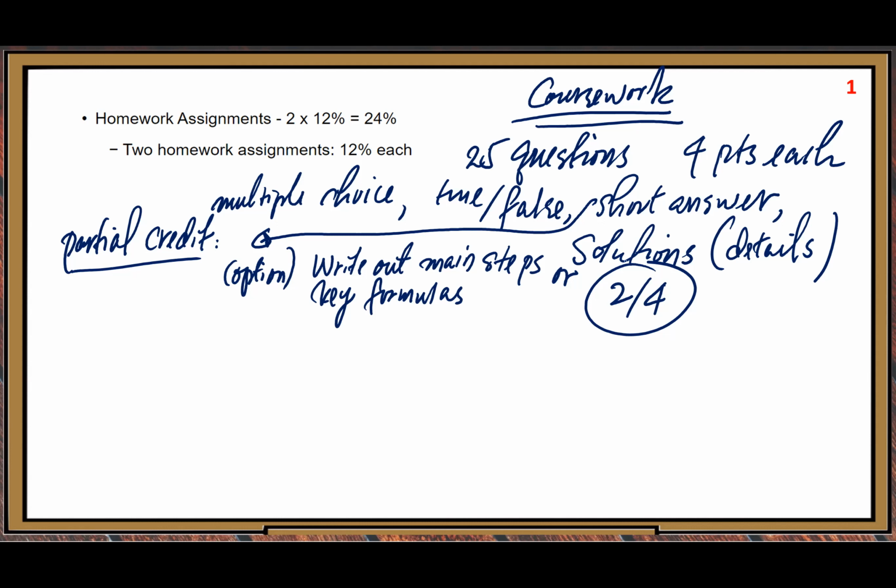Partial credit. All right, any question for this part? Now, here you can see among 25 questions, each question, no matter it is an easy question or hard question, we always use 4 points, fixed point number. It's not like harder questions worth more points, easier questions worth fewer points.